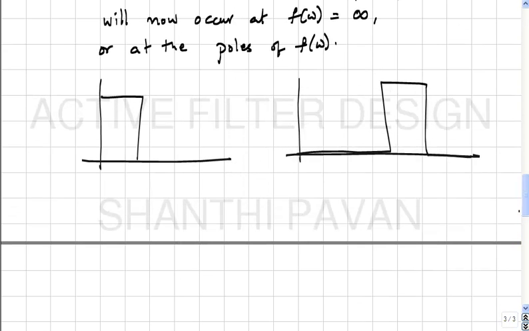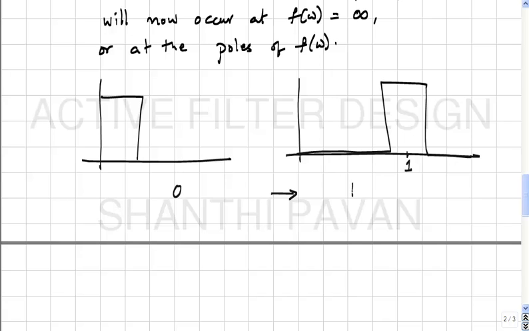Whatever is happening in the low pass at 0 must happen in the band pass at omega naught. Just to be more specific, I want a band pass filter centered at 1. So whatever happens in the prototype at DC must happen in the band pass at 1, and is that only 1 or is there something else?